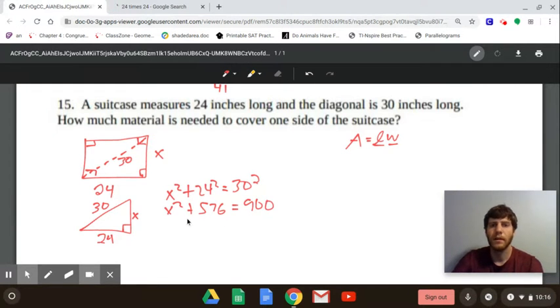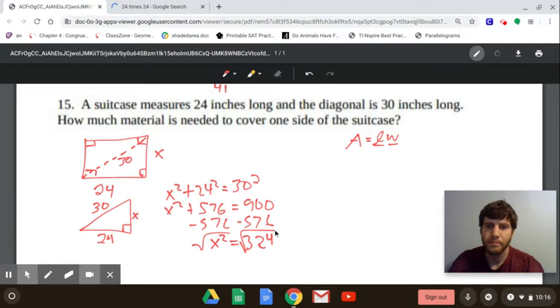Subtract 576 from both sides. We're going to get x squared equals 324. To get rid of a square, we have to do the inverse operation, which is square root. I want to say 18.